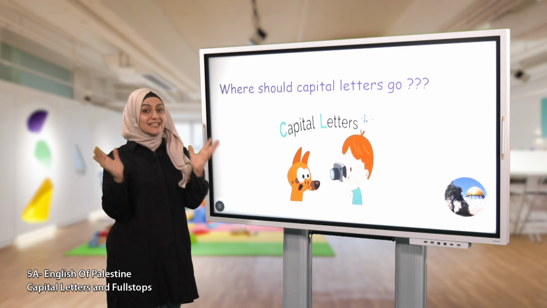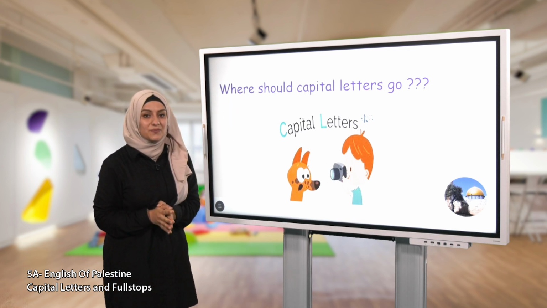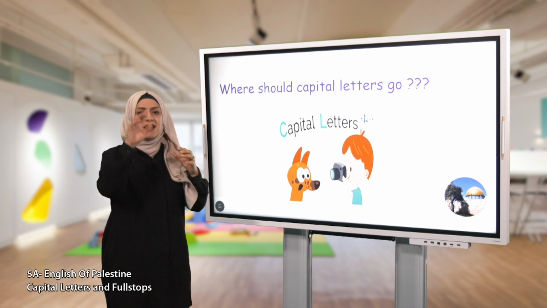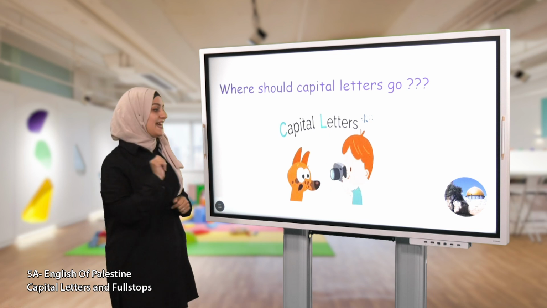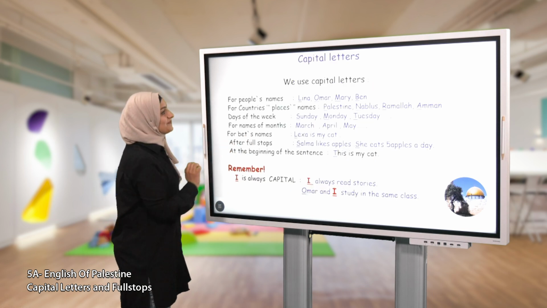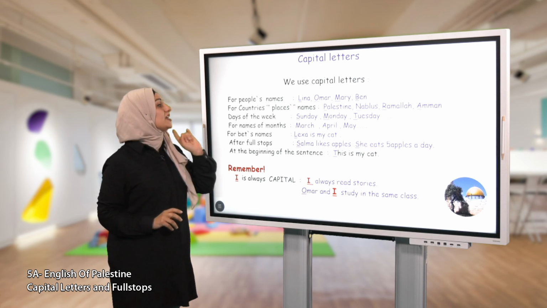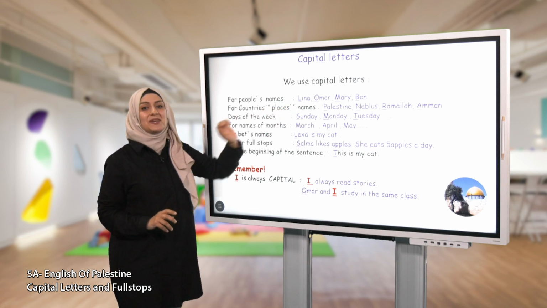The question is, when should capital letters go? You are asking yourself, when should I capitalize the first letter of any word? The answer is, if you have people's names, they should always be written with a capital letter at the beginning.